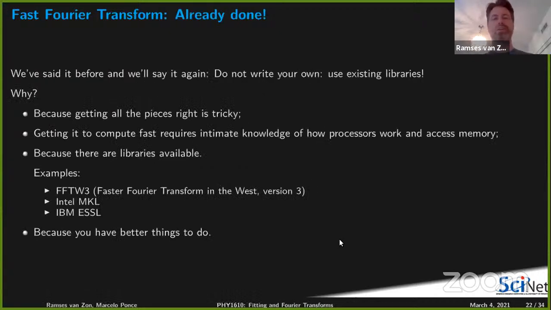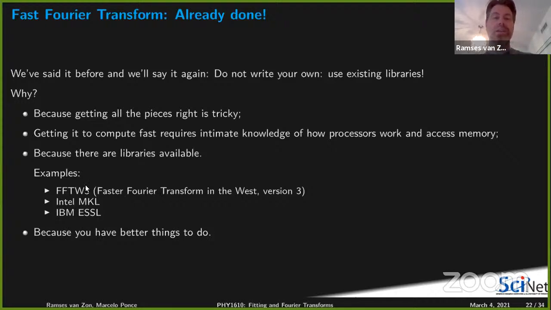You're going to use a function that does it for you, and the function comes from a library, and there are several of them. The most common open source one is FFTW. That stands for Fastest Fourier Transform in the West, or at least it used to. Now it stands for Faster Fourier Transform in the West, because it's faster than the naive method.